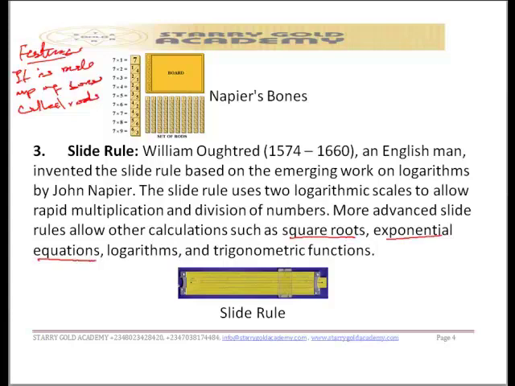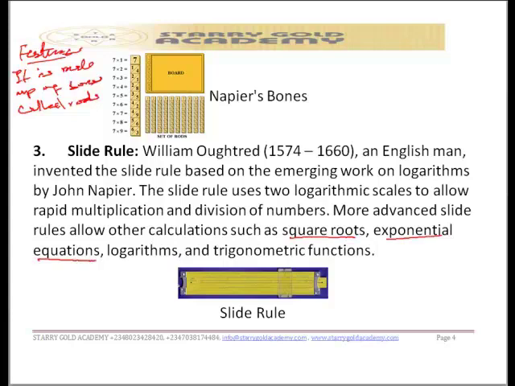The component here, from what I've said, is that it has two logarithmic scales. That slide rule has two logarithmic scales.